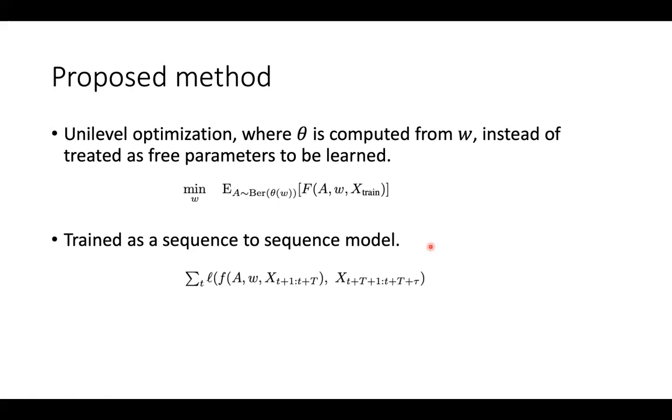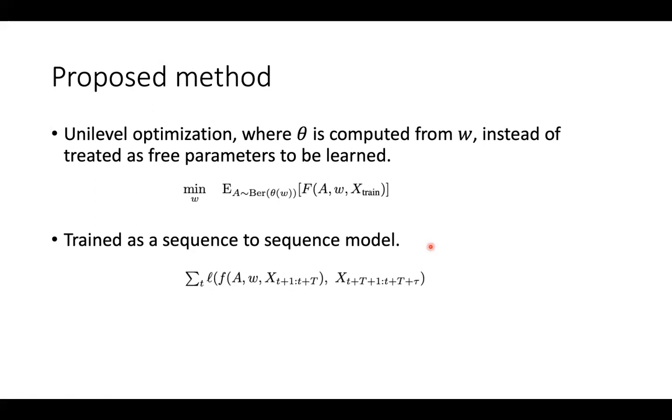Once we have this unilevel optimization, back to our current problem setting, there's another difference from the original paper: this one is based on time series data, so the training procedure is a little bit different. For static graph fitting, you just utilize the node features of that static graph to do the inference.